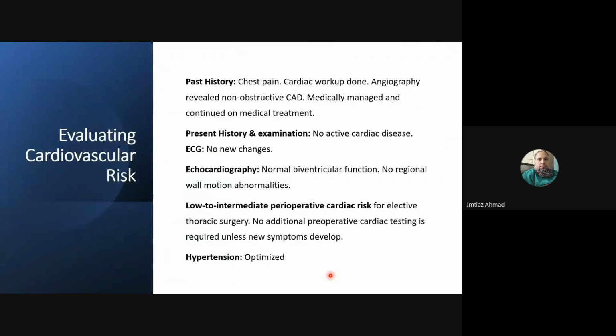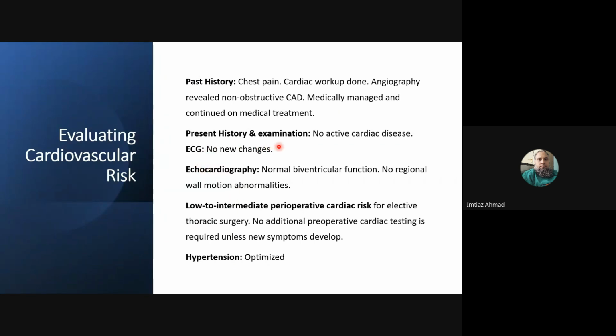Now, doing cardiovascular evaluation according to the past history, the patient had a history of chest pain, cardiac workup was done, and angiography revealed non-obstructive coronary artery disease, which was managed medically, and the patient was optimized on medicine.